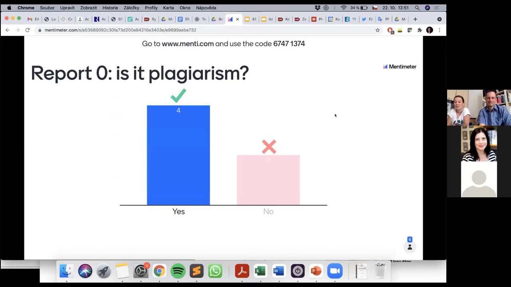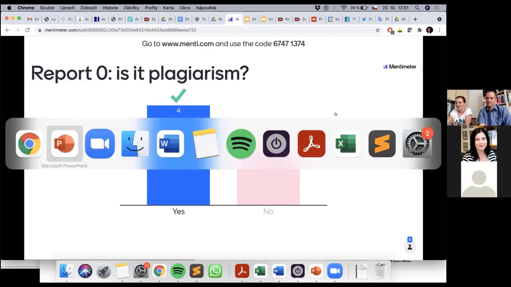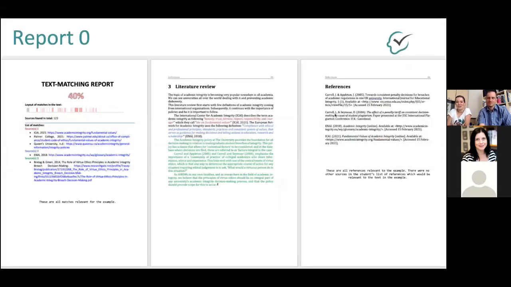So 4 people identified this as plagiarism, and 2 did not consider it as plagiarism. What is always the most interesting part is why you made your decision.